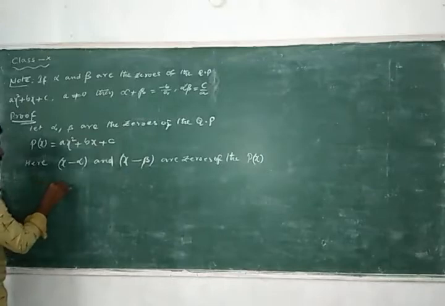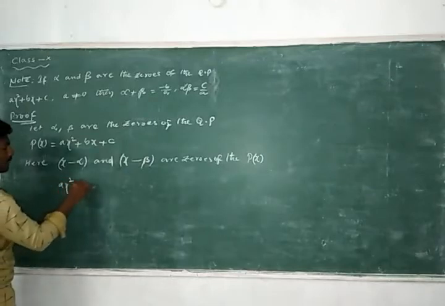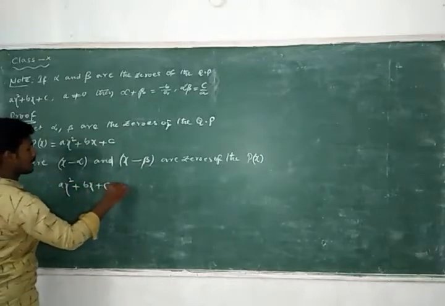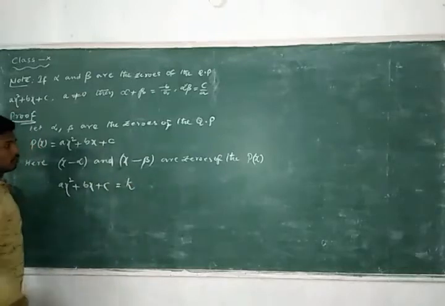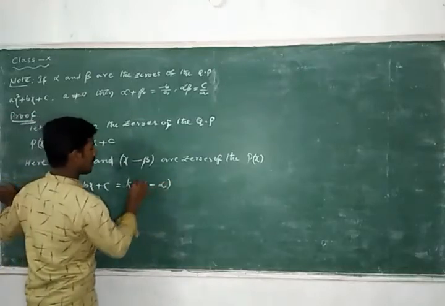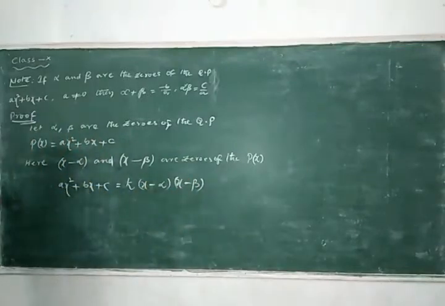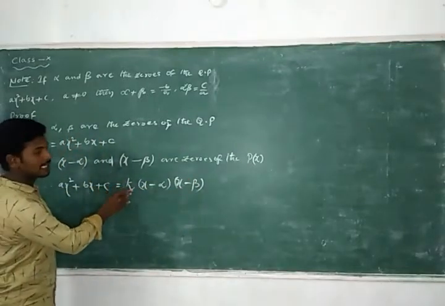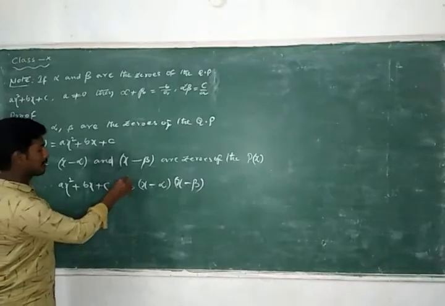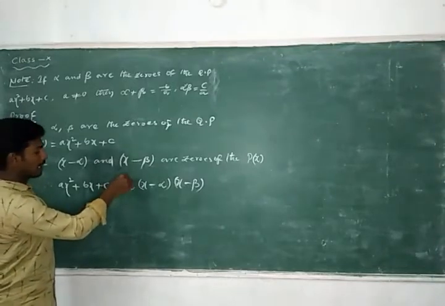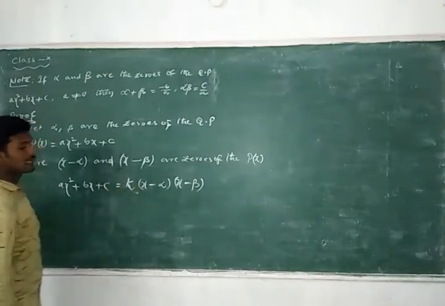Therefore ax square plus bx plus c is equal to k into x minus alpha, x minus beta. Why do we take k? k is taken as a constant, k is not equal to 0. So k is constant.